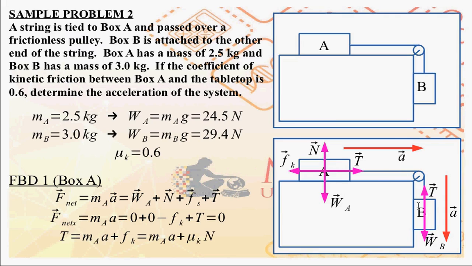The string will pull B with tension T, and A also with tension T. The string will pull at its endpoints with tension T. So again, tension is a pulling force. Looking at the orientation and position of the string, you have an idea of the direction of tension.